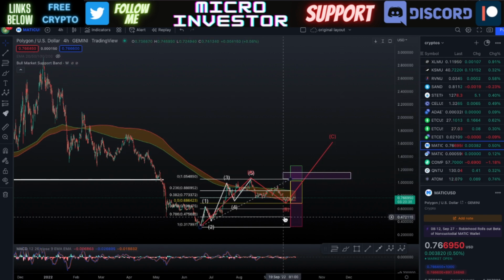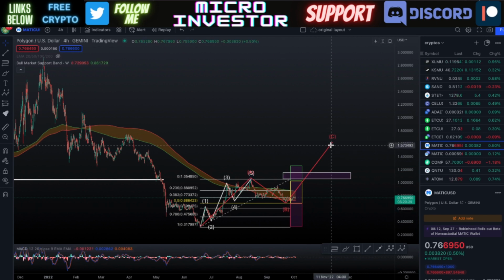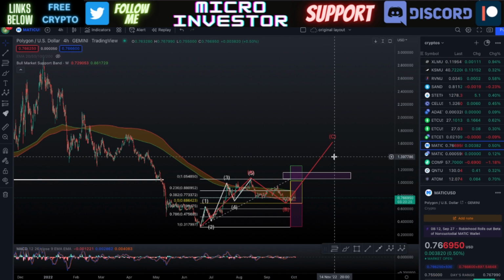But I'm thinking our wave C could be something that can go out pretty long, possibly into mid-November or even early December, depending on how much the price does go up from there.